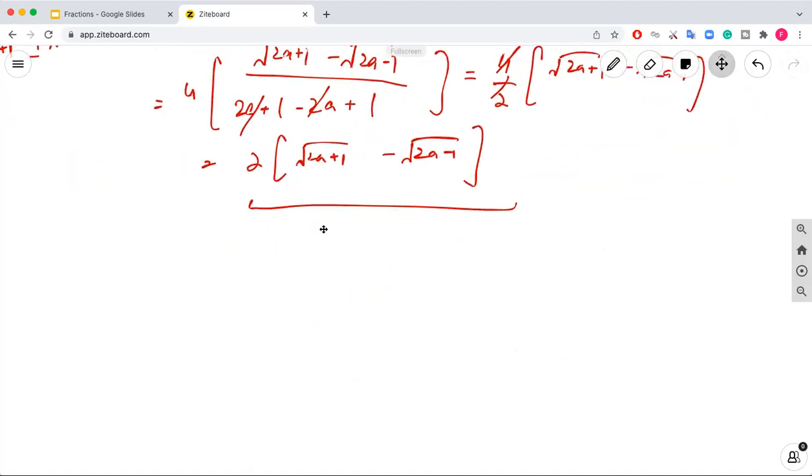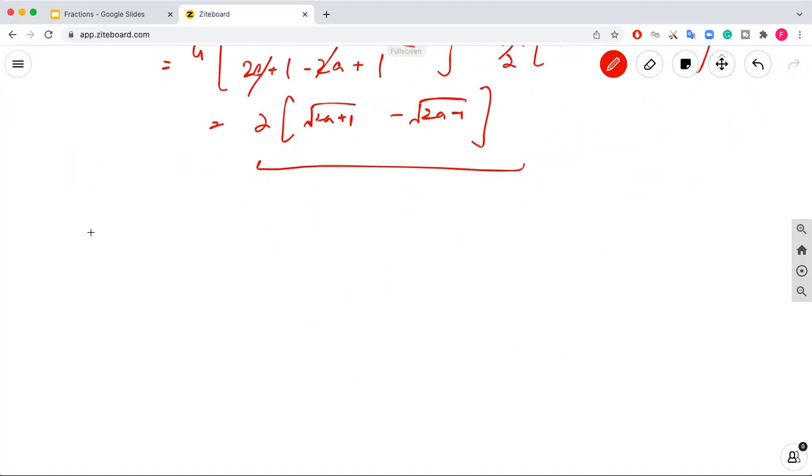So let's suppose I substitute a is equal to 1, what will be the value? That will be square root of 3 minus square root of 1.